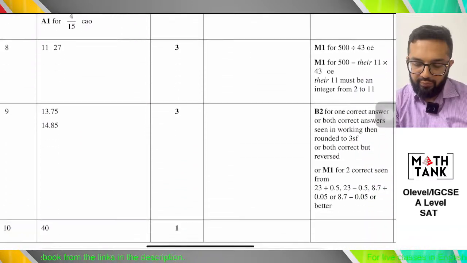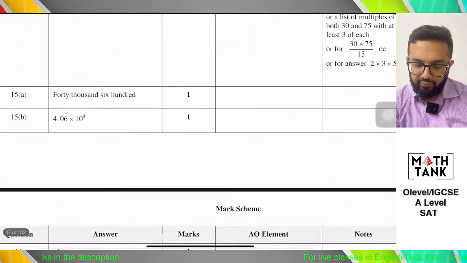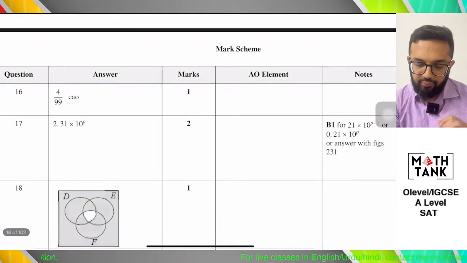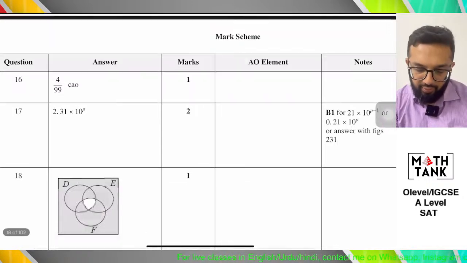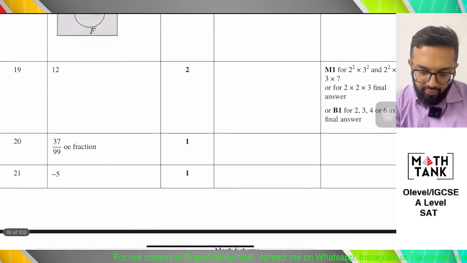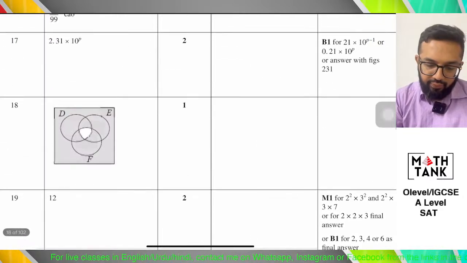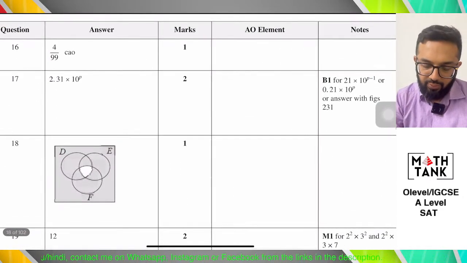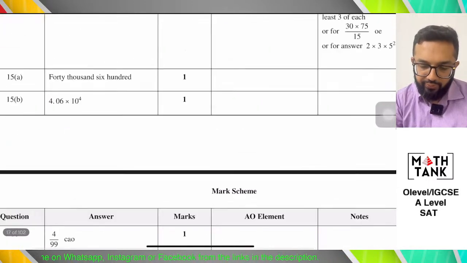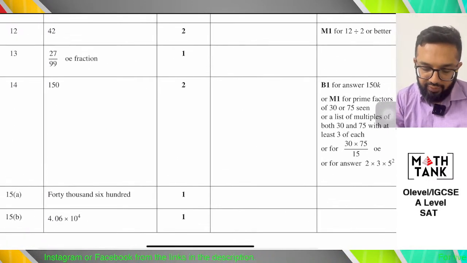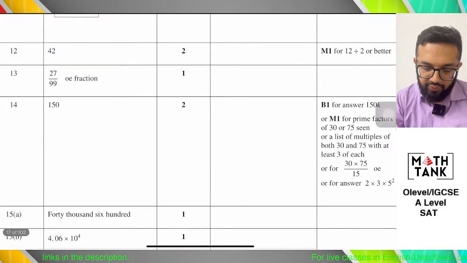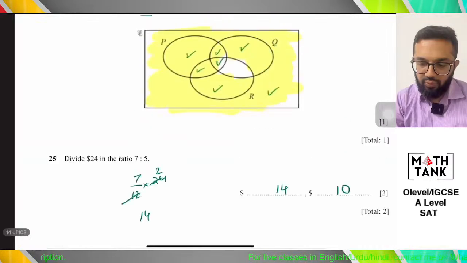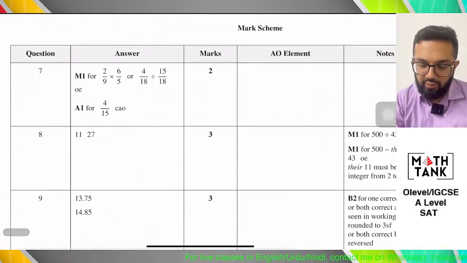Minus 5. 12, yeah, all of those were fine. 4 over 99 was also there. 2.31 into 10 power p was also correct. Let's go to 15 and check out. 4.06 into 10 power 4. Yeah, that was also correct.